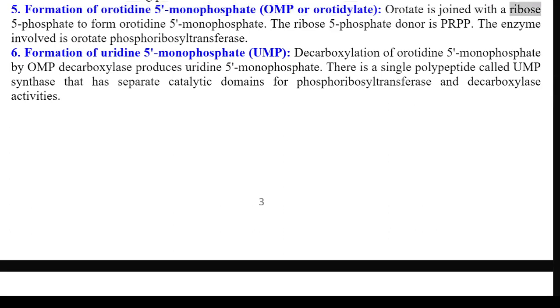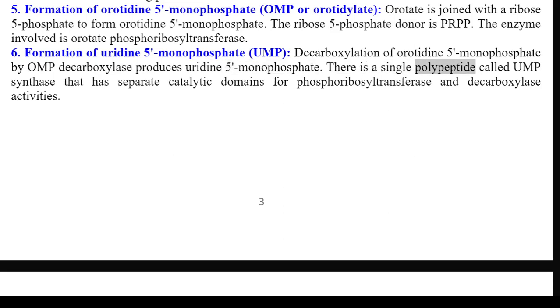Orotate is joined with a ribose 5-phosphate to form orotidine 5-monophosphate. The ribose 5-phosphate donor is PRPP. The enzyme involved is orotate phosphoribosyl transferase. 6. Formation of uridine 5-monophosphate. Decarboxylation of orotidine 5-monophosphate by OMP decarboxylase produces uridine 5-monophosphate.